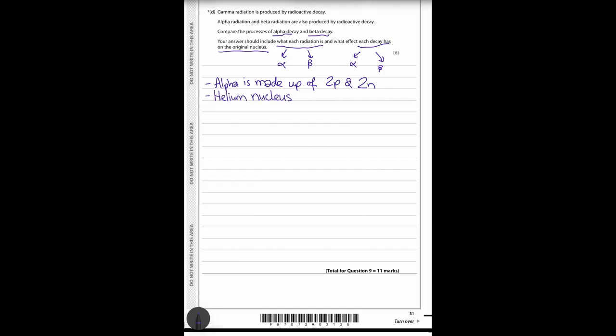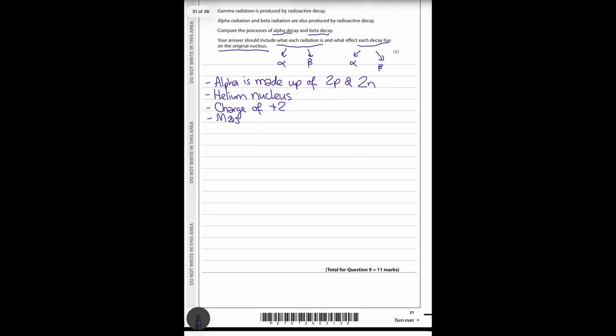Okay, well, if it's got 2 protons and 2 neutrons, what more can I say about that? Well, 2 protons, so it must have a charge of +2. It must have a mass of 4. And now I'm pretty sure that I've said enough things about what an alpha particle is.